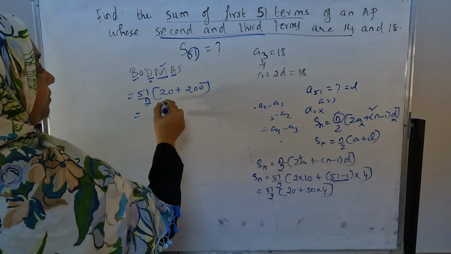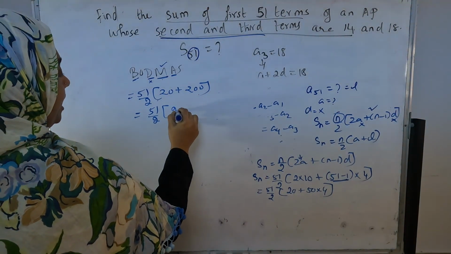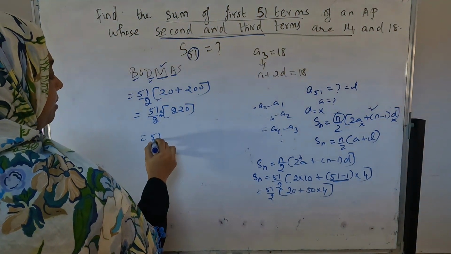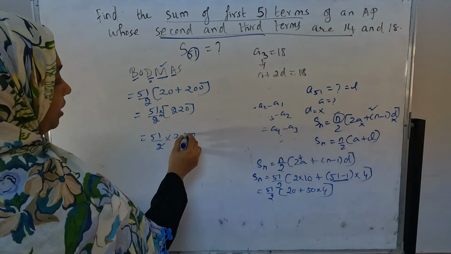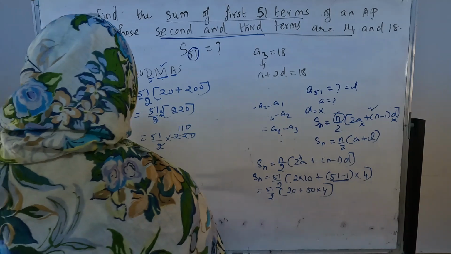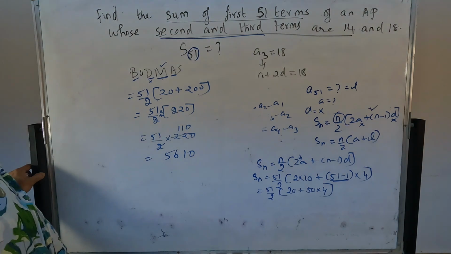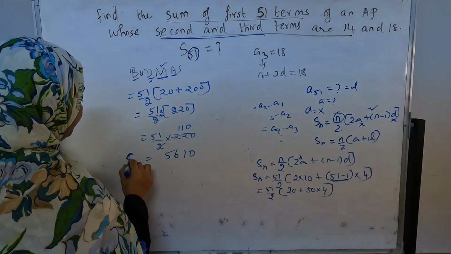Then addition inside the bracket: 220. Between this one is multiplication, so remove the bracket: 2 and 11, 110. Then multiply and give the answer: 5610. This is the sum of the first 51 terms.